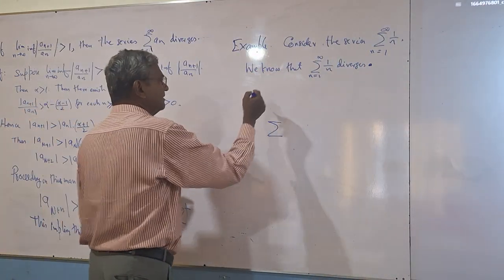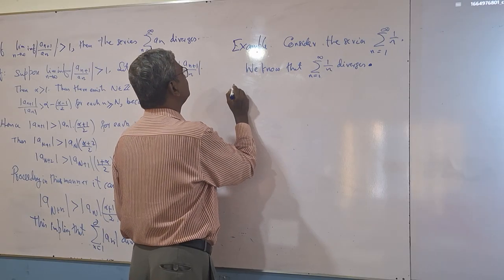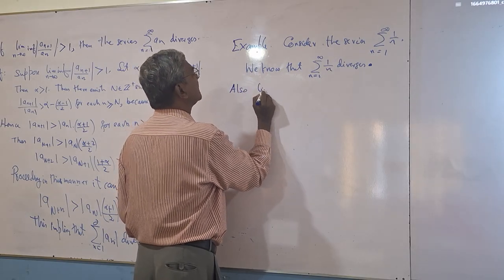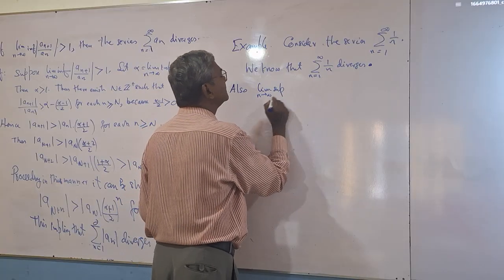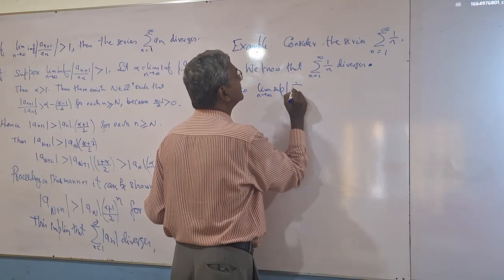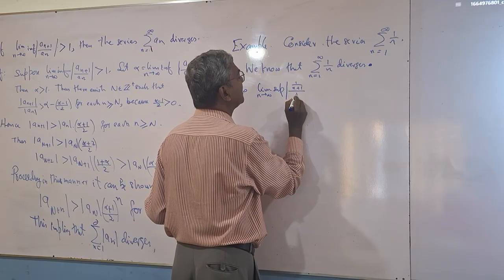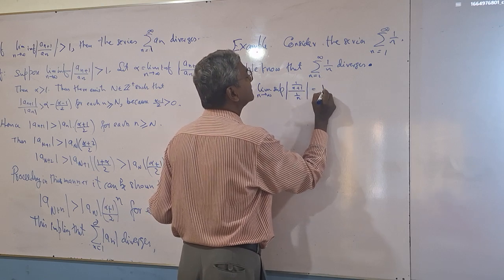So we know that this one is divergent. Also, lim sup as n tends to infinity of (1 over n plus 1) divided by (1 over n) is equal to 1.